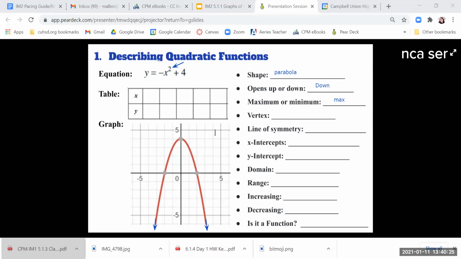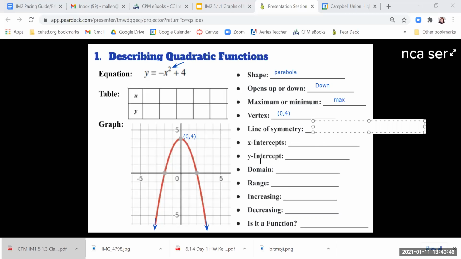And be careful, your vertex is actually, if this is 0, 0 right here, 1, 2, 3, 4, it's actually at 0, 4, not at 5. It sort of looks like it's at 5, but it's at 4. So our vertex is at 0, 4.